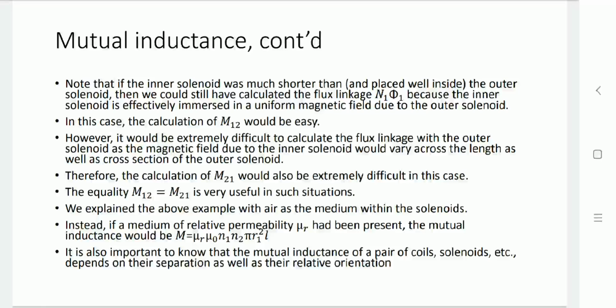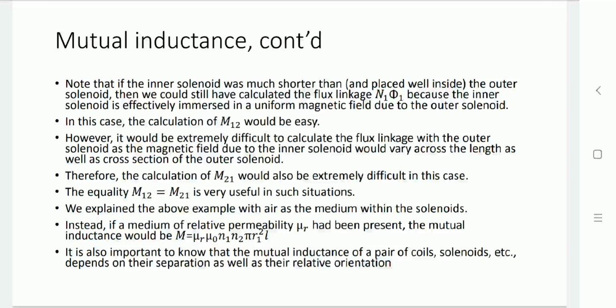So calculating M12 is easy, but the opposite condition, calculating the flux linkage from the outer solenoid's magnetic field to the inner solenoid, is quite difficult. But in each case, when we compare, the M12 and M21 effect is the same.